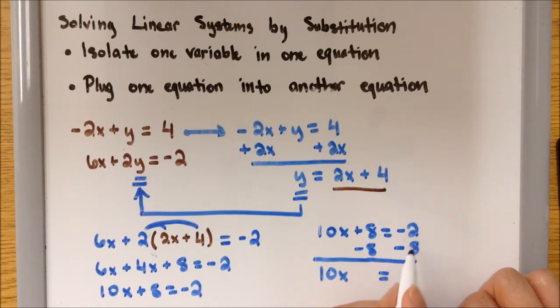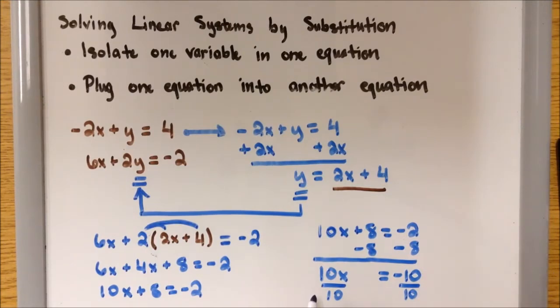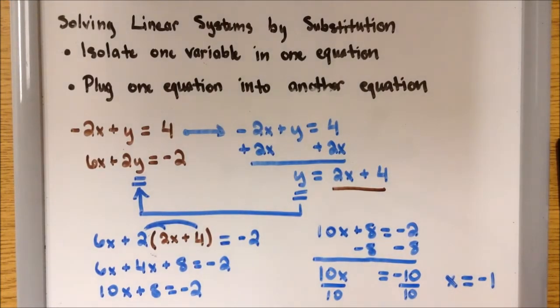If you need to double check, always use a number line. But negative 2 minus 8 is negative 10. And if I want to solve for x, I'm going to divide by 10, and then divide by 10 on the right. So 10x divided by 10 will be simply 1x, or just x, equal negative 10 divided by positive 10 will be negative 1. So that's the value of our x.